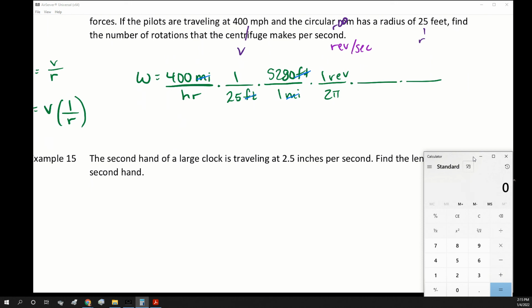Now I want to change hours to seconds. If you know how many seconds are in an hour, go for it. Use that one fraction and be done. If you don't, it's okay. You do know how many minutes are in an hour. And you also hopefully know that because hours is in the denominator, I do need to put hours in the numerator.